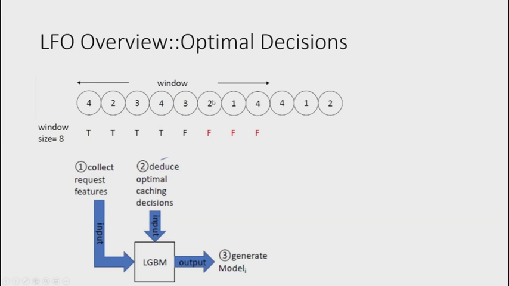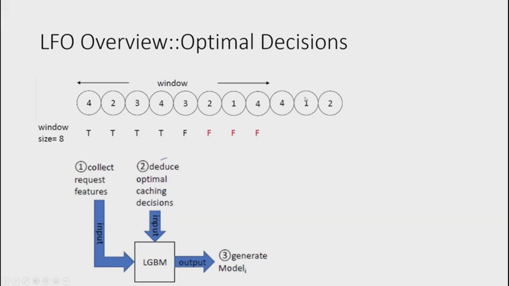For 2, since it is the very last time it is being accessed, and it is not going to be accessed again before the end of this window, we're not going to cache it. So are 1 and 4. However, LFO makes the optimal decision here at the end of the window without knowing what comes next in the future.